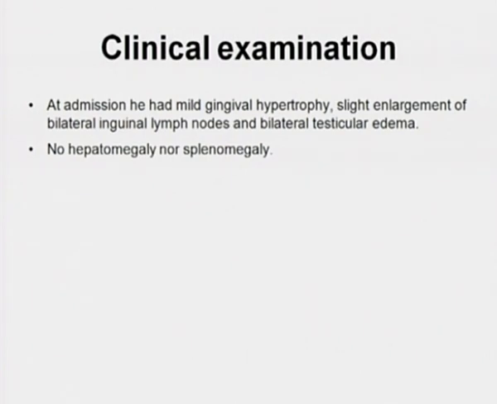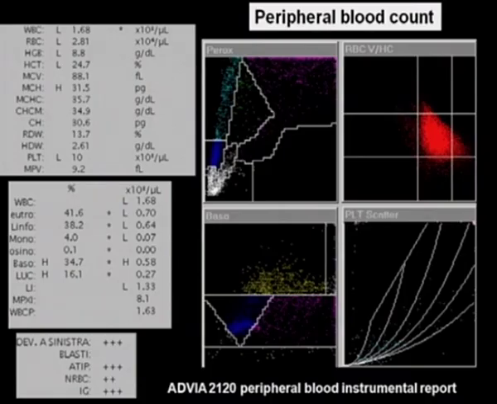At admission, he presented with mild gingival hypertrophy, slight enlargement of bilateral inguinal lymph nodes, and bilateral testicular edema. Absence of organomegaly, no hepatomegaly, no splenomegaly.